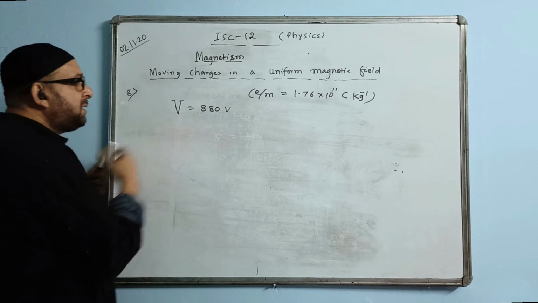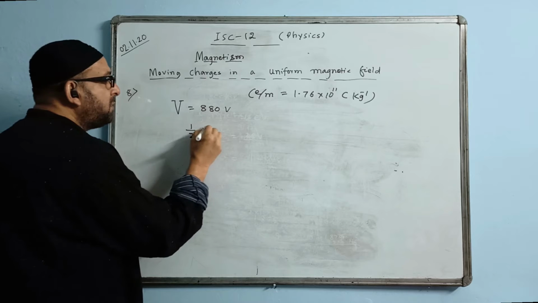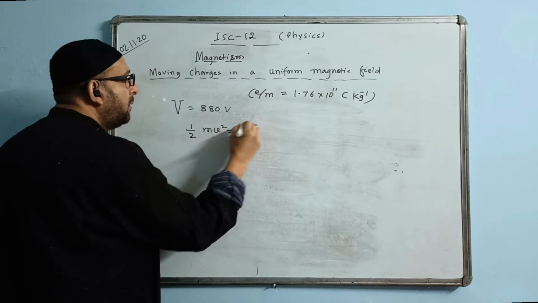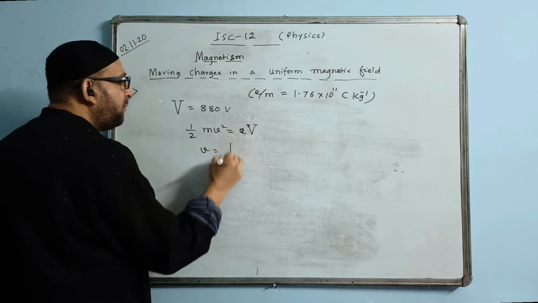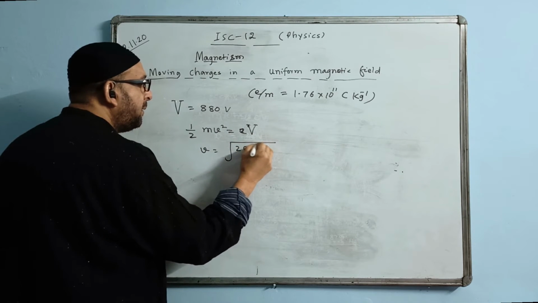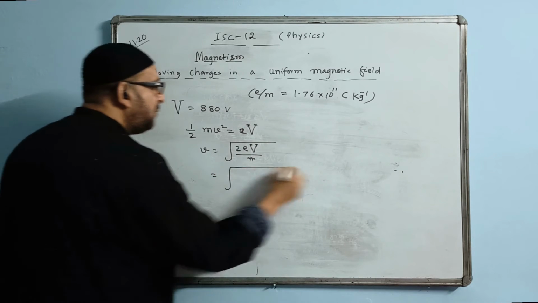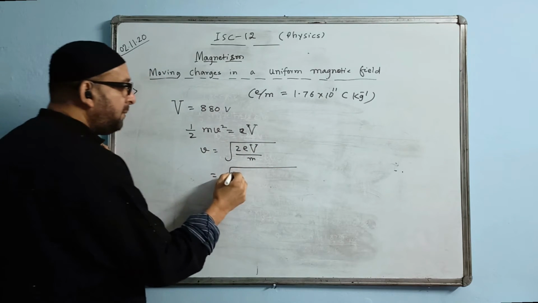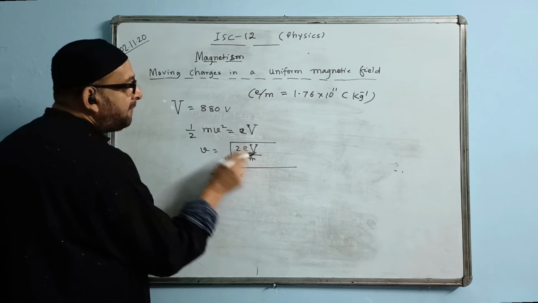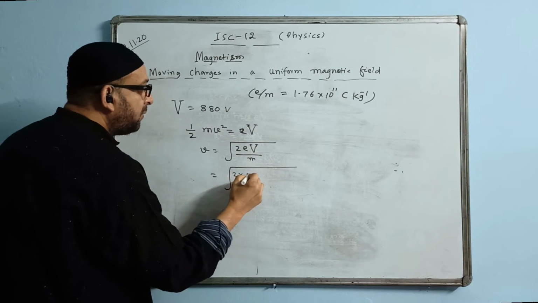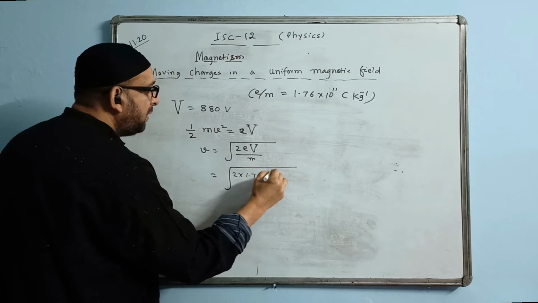And whenever we see voltage, we will be writing the equation directly. Half mv square is equal to eV, or v we have to find, so we will be writing the square root of 2eV divided by m. Now we can put the values like the previous question and find the answer. 2 E by m value we will take together. E by m value is already given, directly we will take 1.76 into 10 to the power of 11.